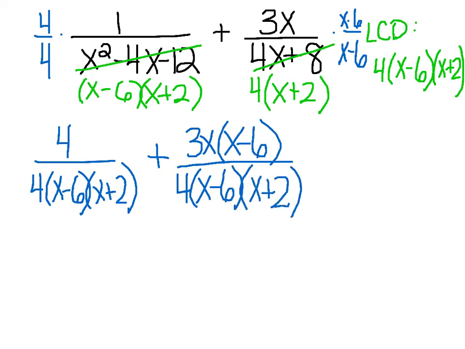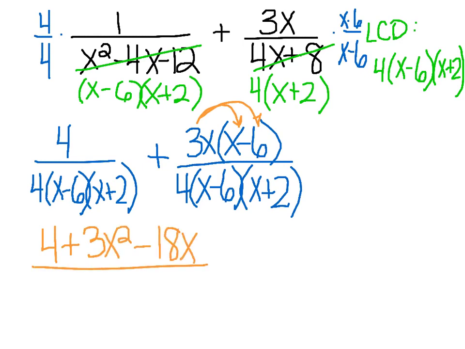Now I'm going to need to do the distributive property, so distribute this to both, and I'm going to have 4 plus 3x squared minus 18x all over 4 times x minus 6 times x plus 2.